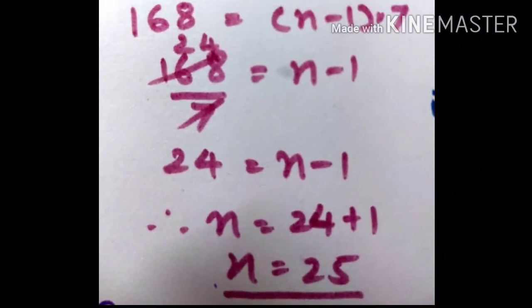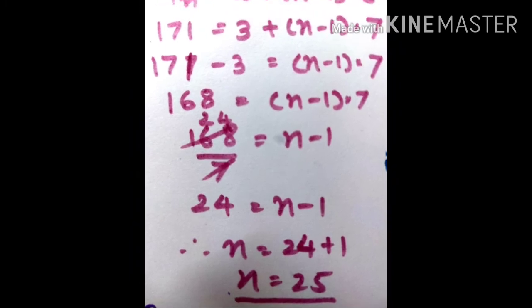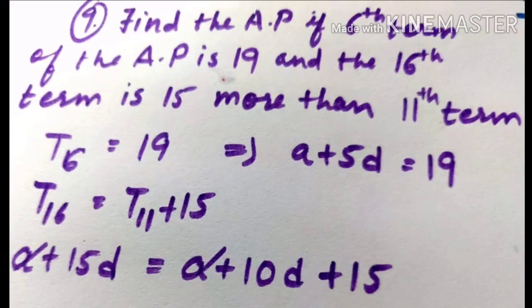Now let's see question number 9. Question number 9 is: find the AP if the 6th term of the AP is 19 and the 16th term is 15 more than the 11th term. Here in the first line you are given the 6th term of an AP is 19, so I have written here T6 is equal to 19.